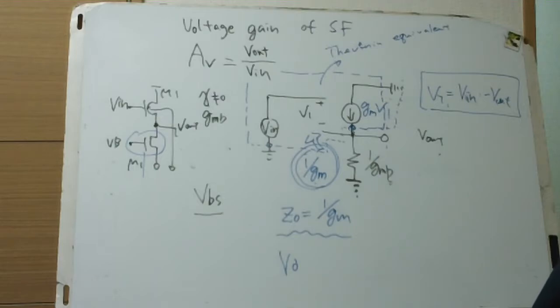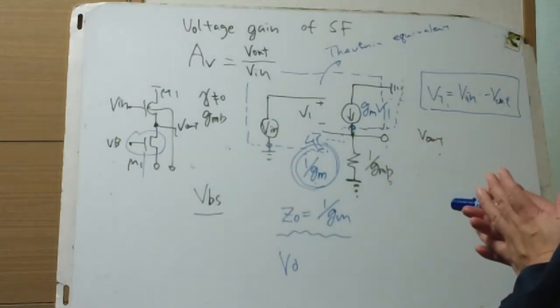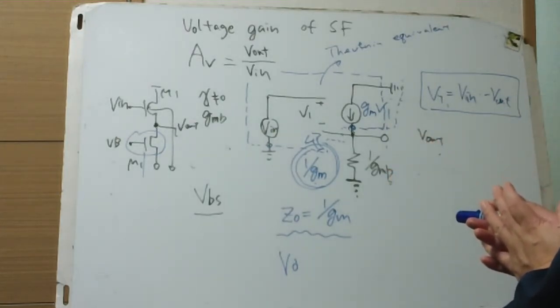Following the rules to find the Thevenin equivalent, just using KCL or KVL or voltage divider or the principle of superposition.